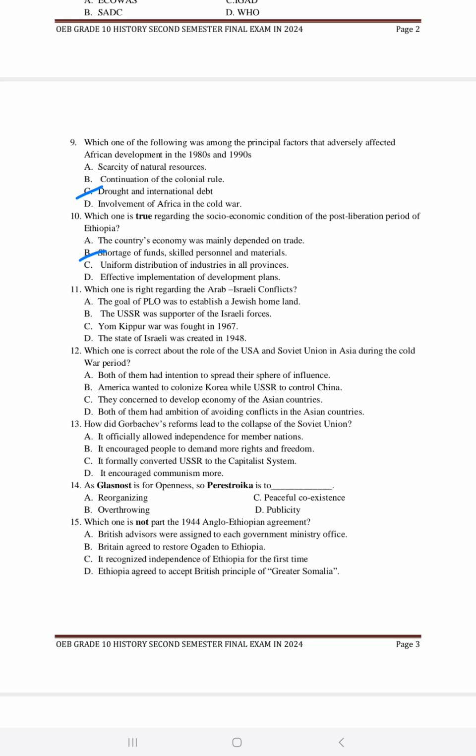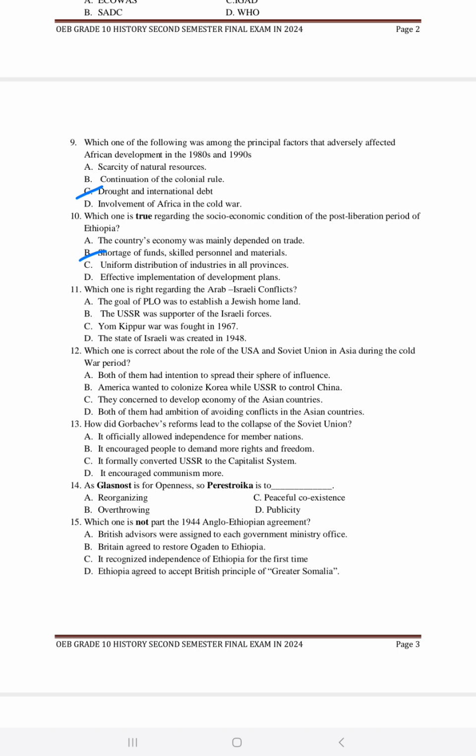They lacked funds, skilled personnel, power, and materials. C. Uniform distribution of industries in all provinces. No, not uniform development. D. Effective implementation of development plans. No, even the development plan failed due to shortage of these resources.